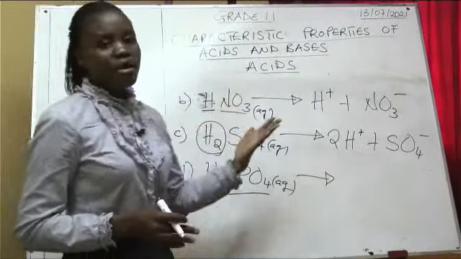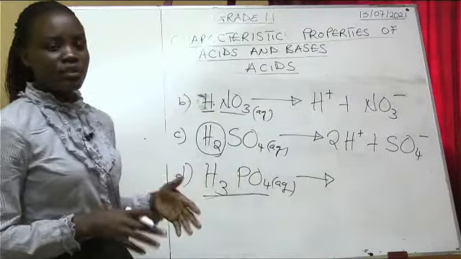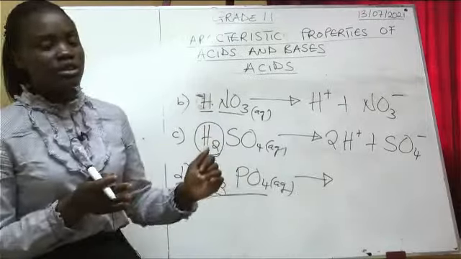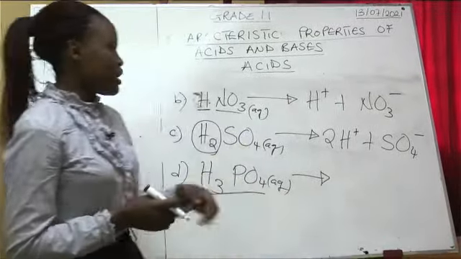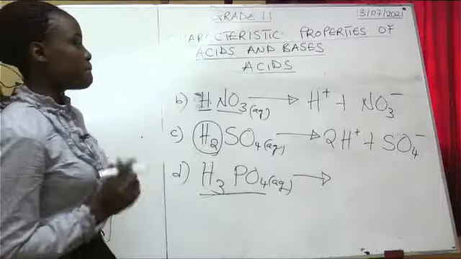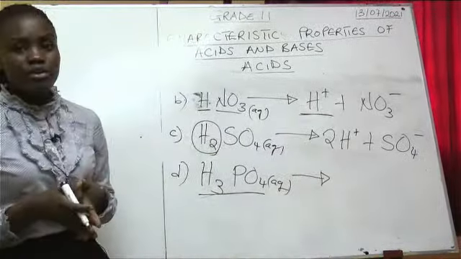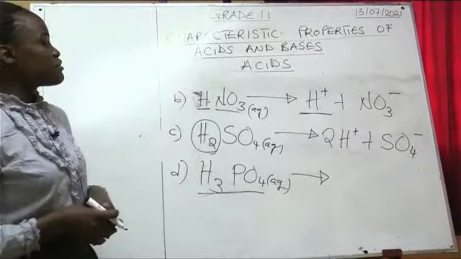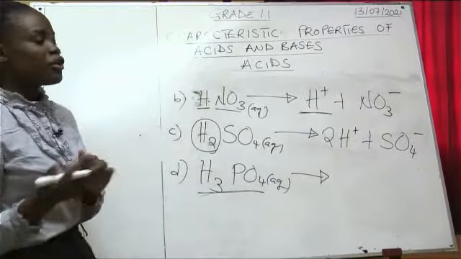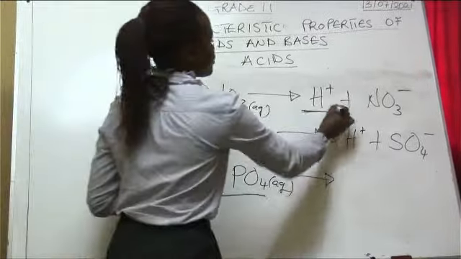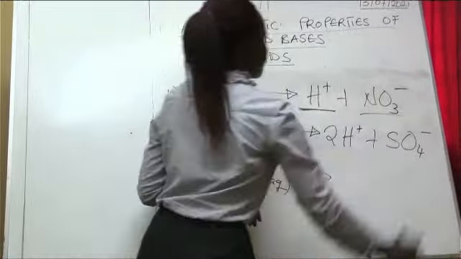How do we form ions in acids? Remember I said ions are charged particles. They can be positive or negative. But when you are ionizing acids, make sure that there is a positively charged hydrogen ion. So an example of nitric acid here, when you ionize, when you form ions, you find that you have a positive hydrogen and a negative nitrate.